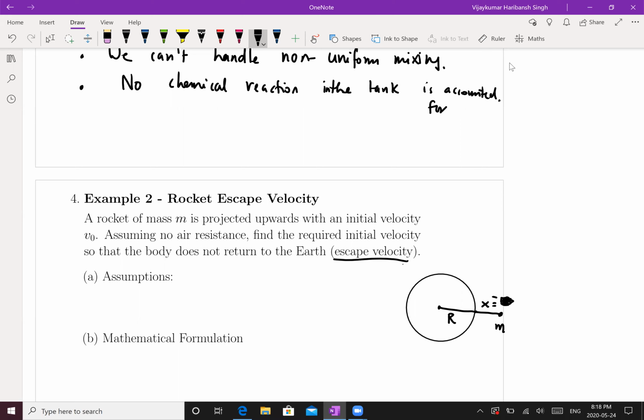So let's write down the assumptions. R is the radius of earth. M is the mass of rocket, and the rocket is at distance x. X is the distance of the rocket from Earth's surface.